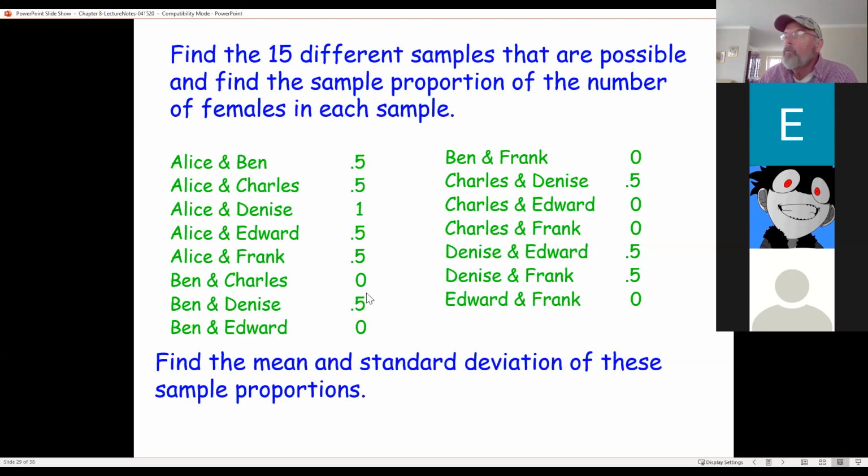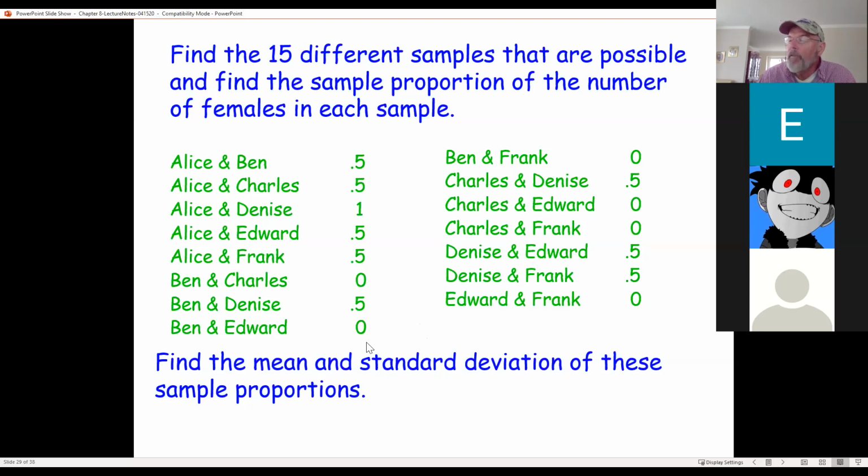That's how you would read these types of numbers. We want to find the mean and the standard deviation of these sample proportions. So what would you do? You would take all of these 15 numbers, add them up, and divide by 15. That would be the average, the mean.